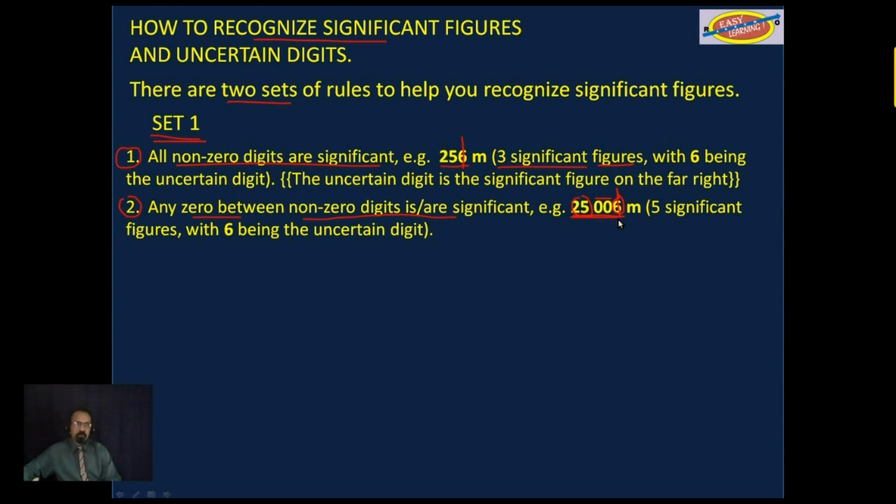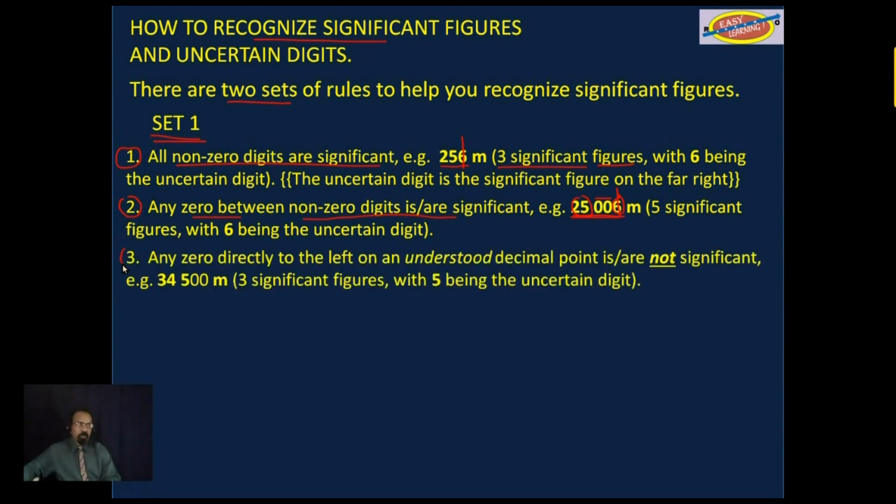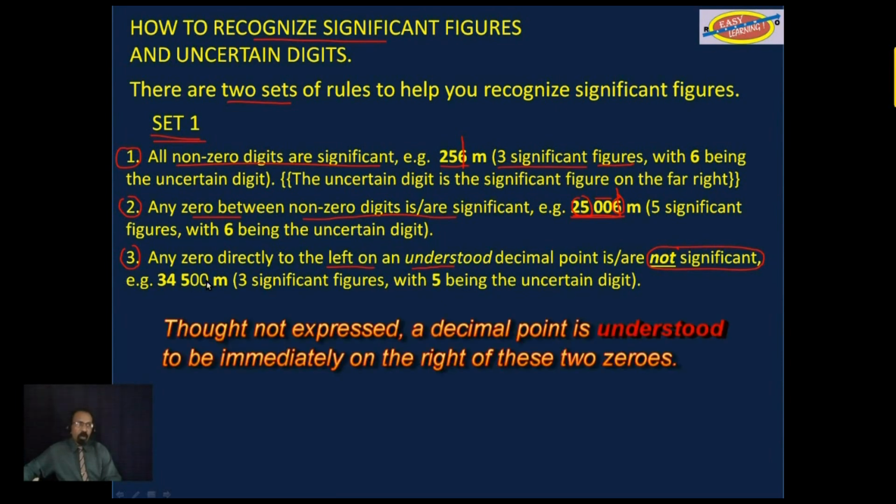Rule 3, any zero directly to the left of an understood decimal point is not significant. Consider the number 34,500 meters. Now we all know that a point is there, but it is not so stated.